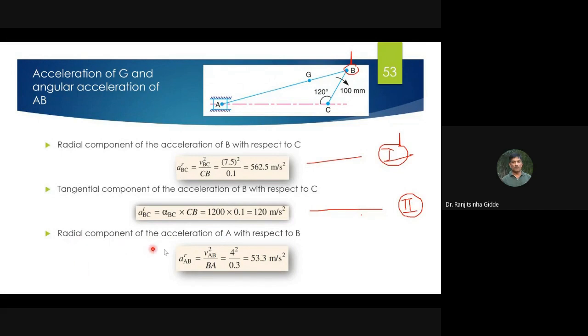Radial component of acceleration of A with respect to B. So velocity of this A, 4 centimeter, that is 4 meter per second. So 4 you are going to write there, squared, divided by 0.3, and this one is the third equation. So everybody should write this. This is equation number 3.